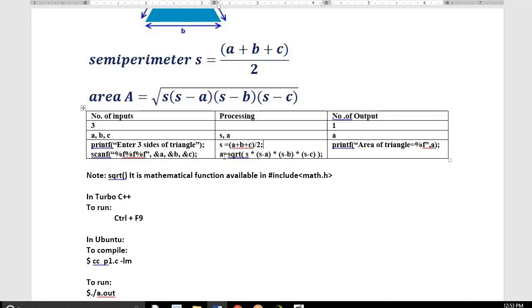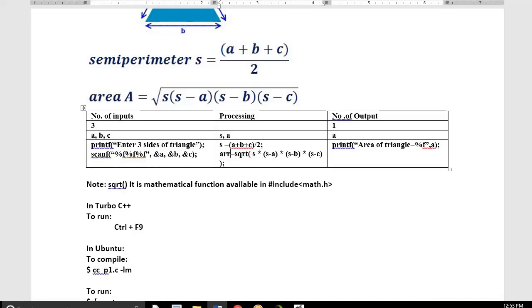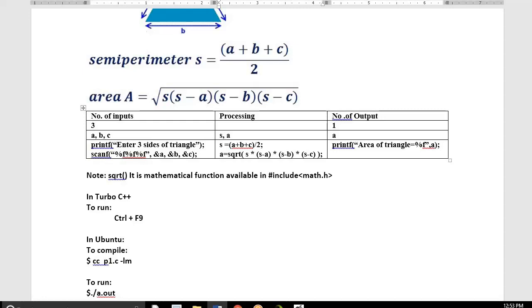How to calculate the area? To calculate the area, you can use the variable area, or instead of area, you can use A also. The choice is yours. Here I have used A. Square root, SQRT, is a built-in function given by the developers of the C language. SQRT is available in a header file called math.h. If you want to make use of square root, you need to add this header file.